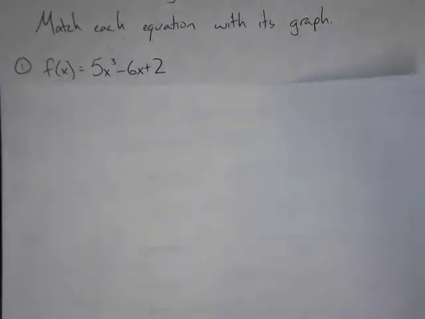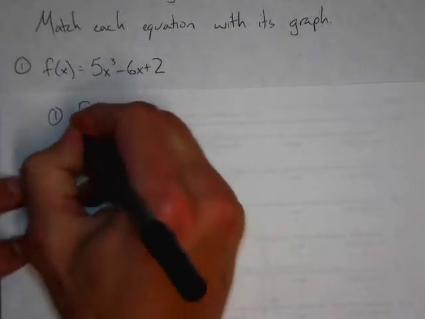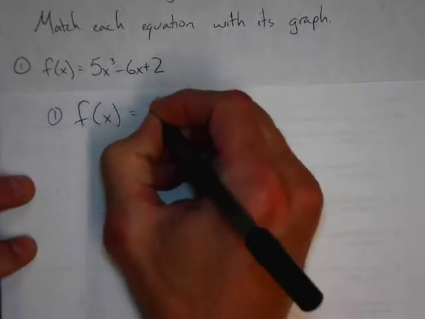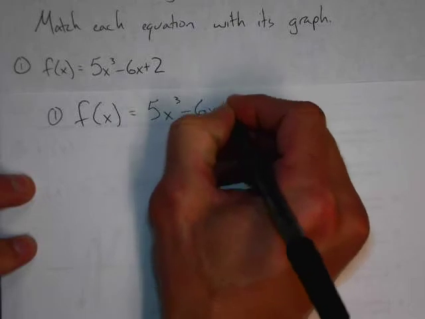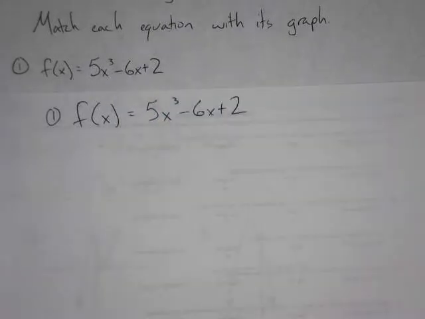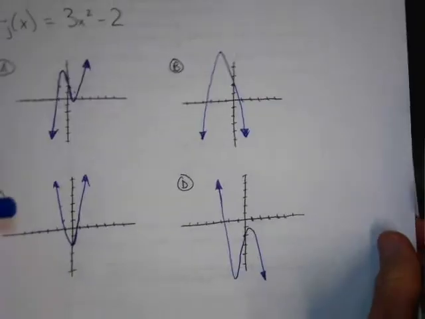So we start with the first equation. Now this is where some stuff can hopefully become a lot easier. So the first equation is f of x is equal to 5x cubed minus 6x plus 2. I'm going to show you two different ways to decide which of these graphs matches that equation.